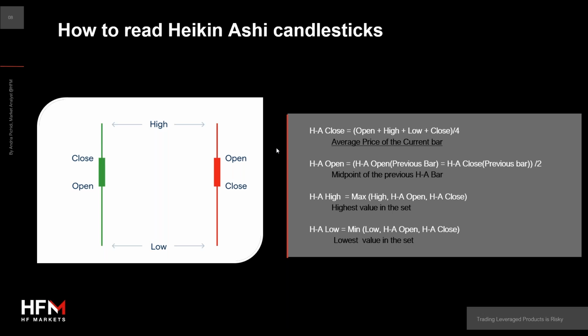The open price is the midpoint of the previous session's Heikin Ashi bar, not the current session. The high is the highest value in the set, and the low is the lowest value in the set.